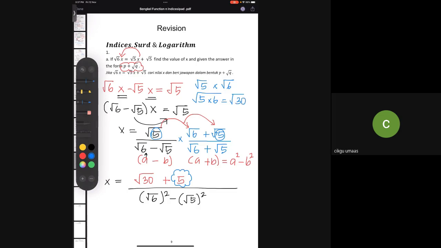So when I write the answer for this, okay, before I write, just to refresh your understanding, kuasa 2 ini akan jadi 6, root 6 times root 6, no root, root 5 times root 5, no root, so it will be 6 minus 5, which is equal to 1.